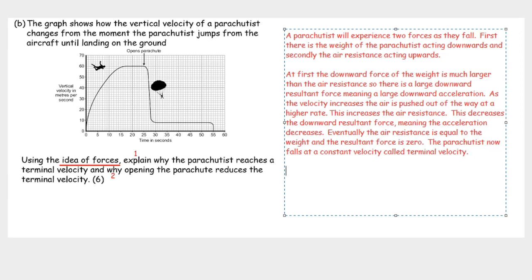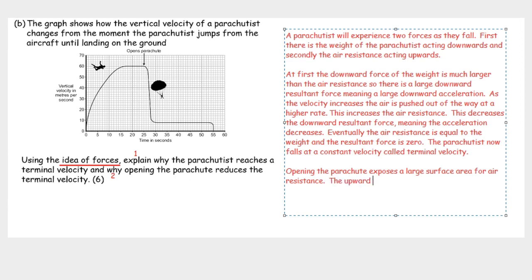Right, so second one, why opening the parachute reduces the terminal velocity. So opening the parachute exposes a large surface area for air resistance.